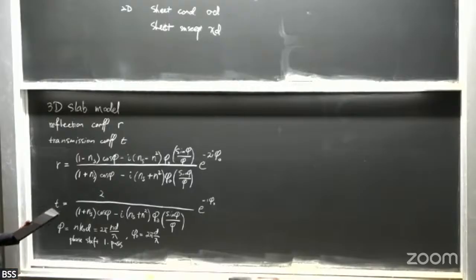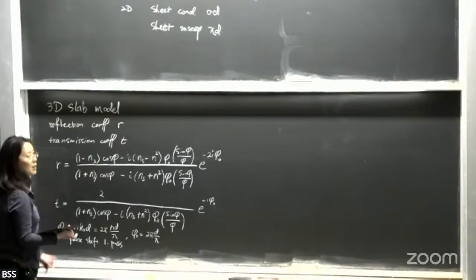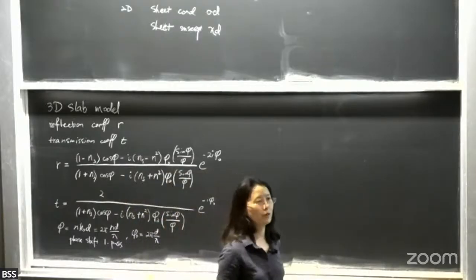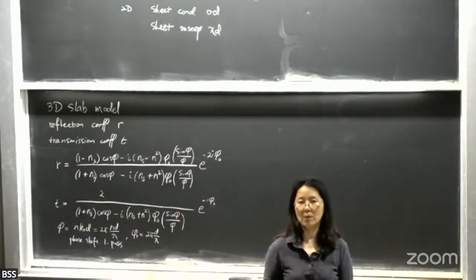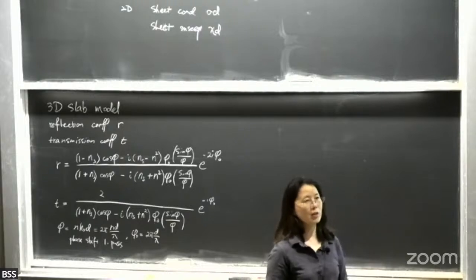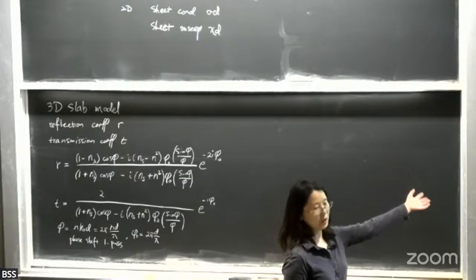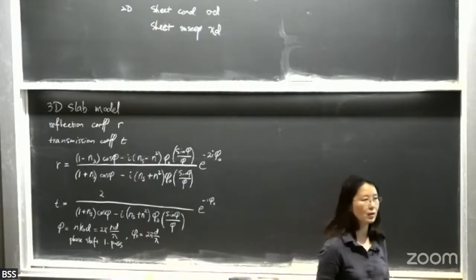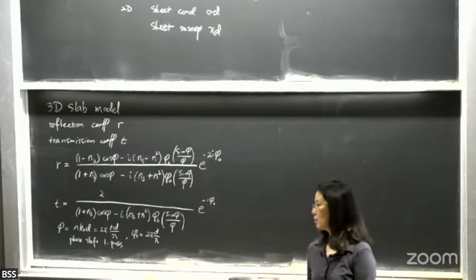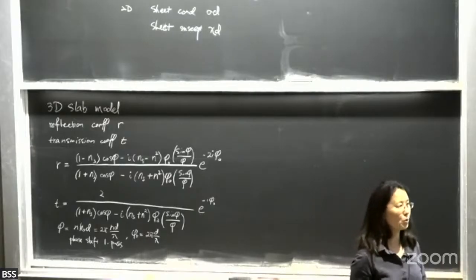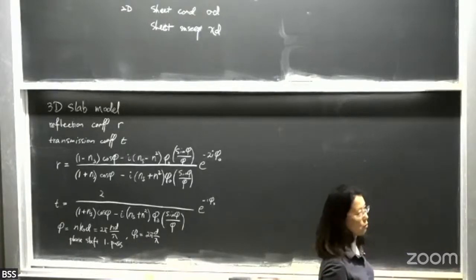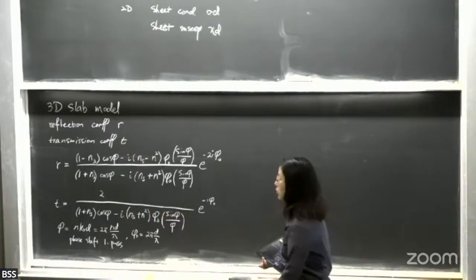And in experiments, except terahertz time domain spectroscopy, which you heard from Peter, where you can measure electric field as a function of time directly, for visible, UV or other wavelengths, usually you cannot measure the electric field directly. What you measure is power, which is proportional to the modulus square of those fields.